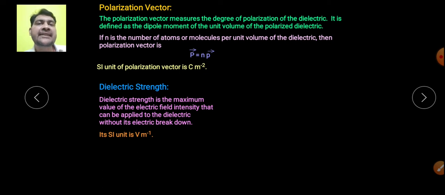The positive charges of each molecule are displaced in the direction of electric field, and negative charge of each molecule is displaced opposite to the direction of electric field. If the electric field is increased further, then separation between positive and negative charge further increases, and it happens that the molecule gets broken.